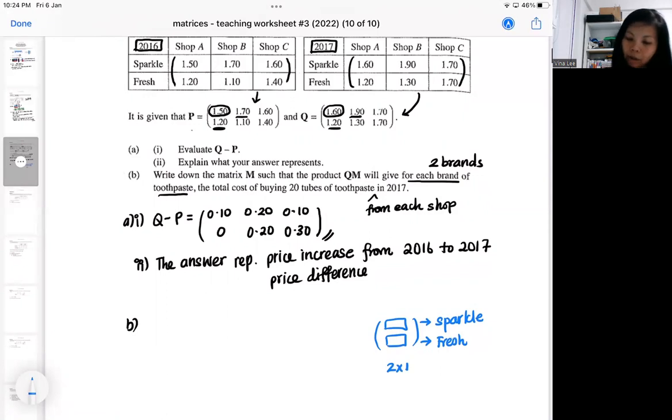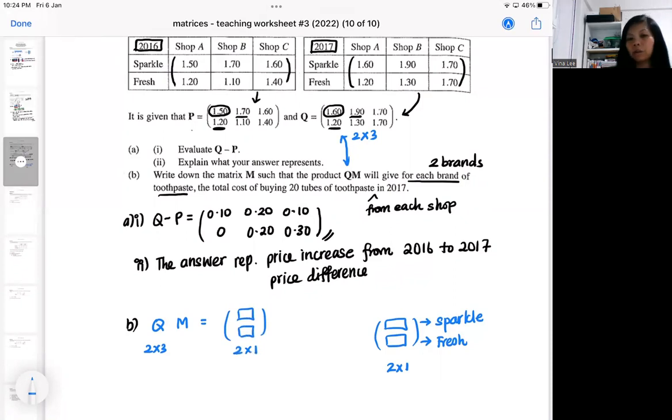Now if you observe, Q is already a 2 times 3 matrix, and I need to multiply by M so that I can have a 2 times 1 matrix. We'll think backwards in this sense.